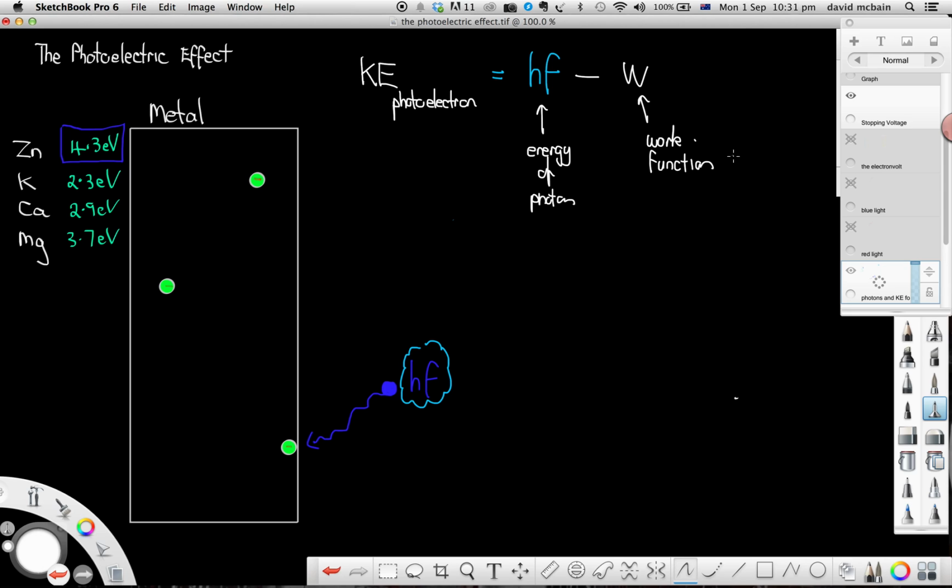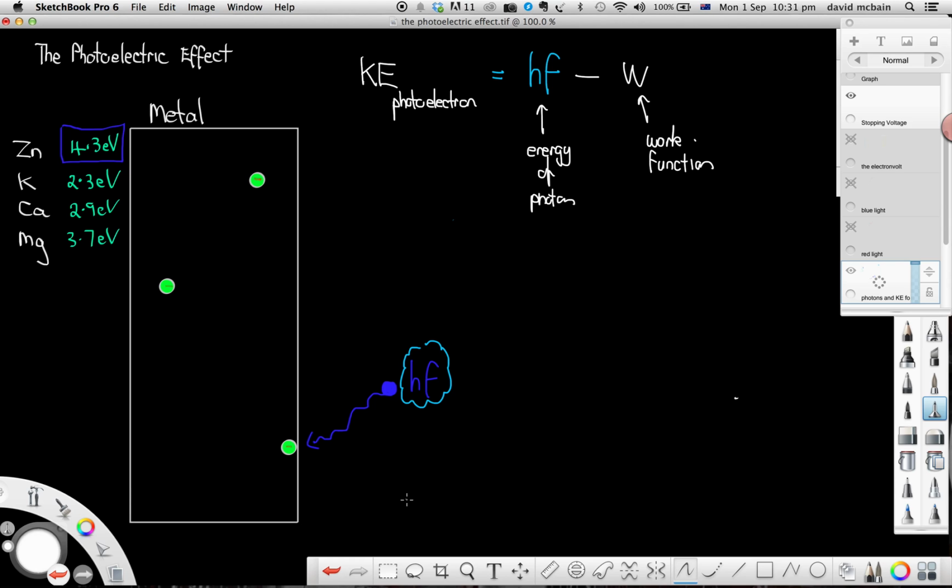So either use electron volts throughout the entire equation or use joules. It's one or the other. You cannot combine them in the same calculation. So if some of your information is in joules, you're going to have to convert it to electron volts and vice versa.